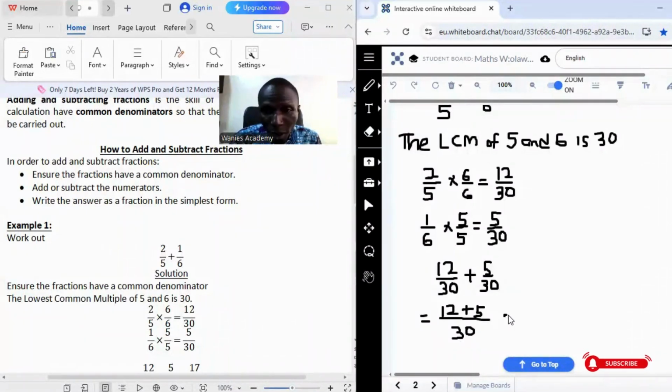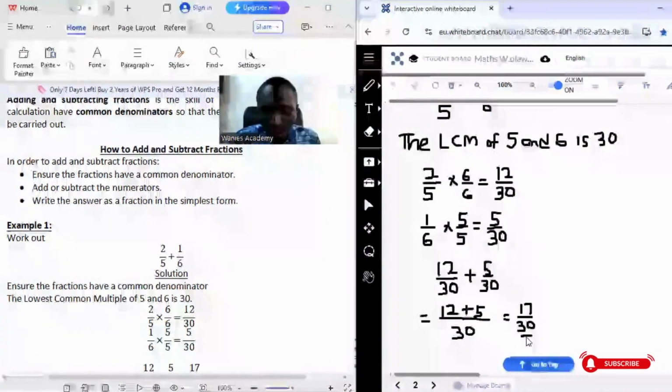Then 12 plus 5, we're going to have this to be 17 over 30. Then if you look at the numerator, it is 17, we have the denominator to be 30. So there's no number that we can use to divide 17 and 30. So our final answer is going to be 17 over 30.